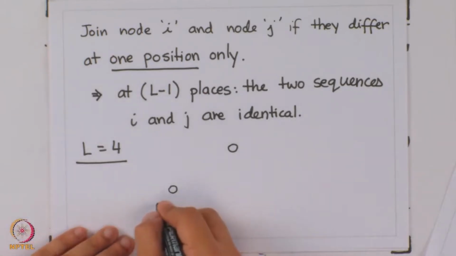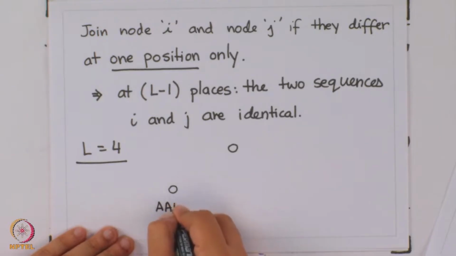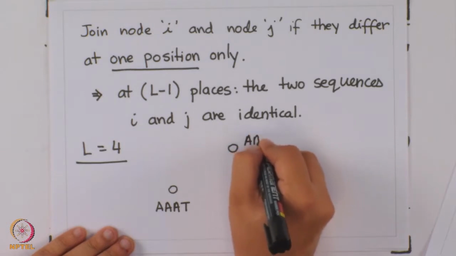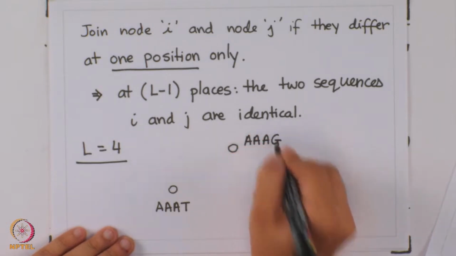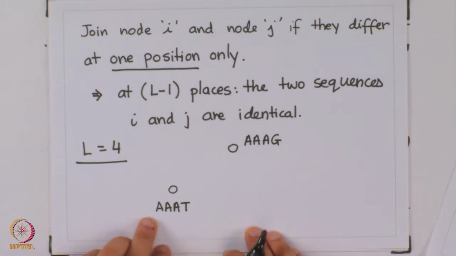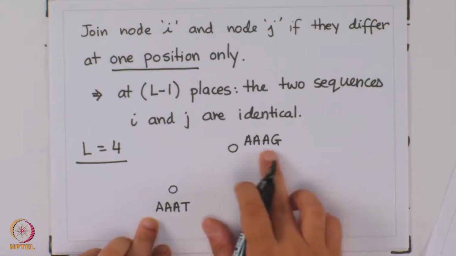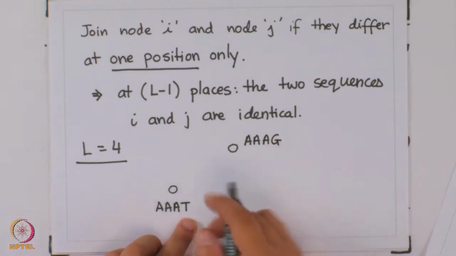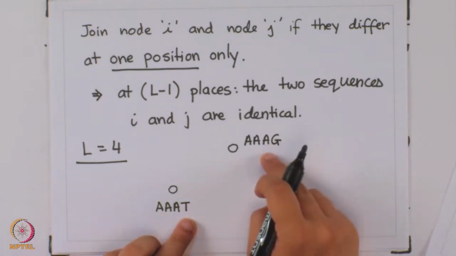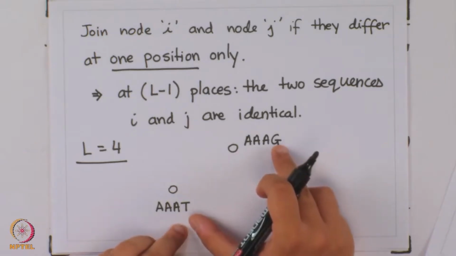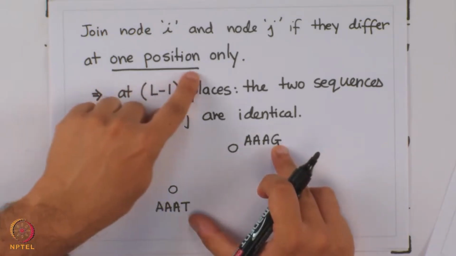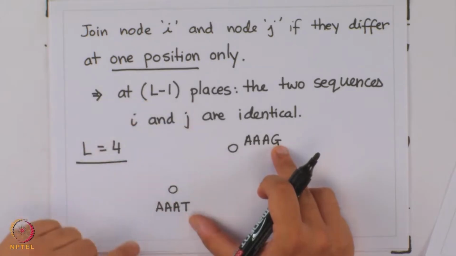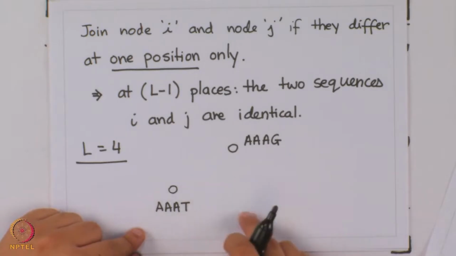For instance, if this node refers to AAAT and this one refers to AAAG, that means the first 3 nucleotide positions are the same. These two are distinct at the last position. So, these two sequences, sequence I and sequence J, only differ at one nucleotide position, and at the remaining L minus 1, which is 3 here, the two sequences are identical.